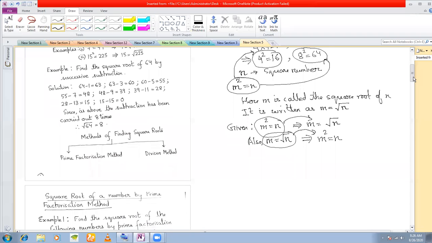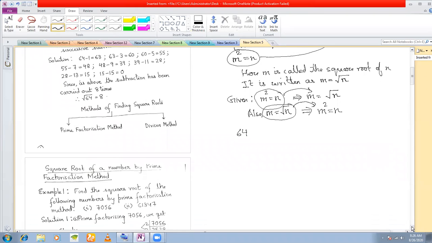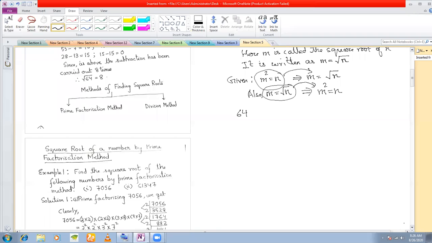An example here. Find the square root of 64 by successive subtraction. Let us take this number 64. By successive subtraction. Remember, I told you that any square number can be expressed as a sum of odd numbers, right? So what I do here is I keep subtracting the successive odd numbers, starting with 1.